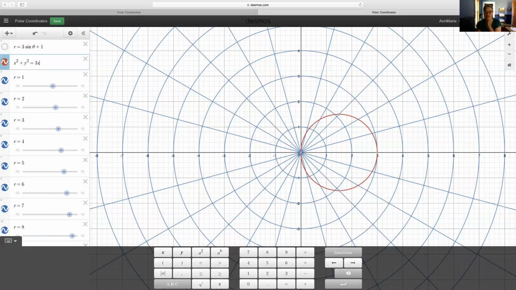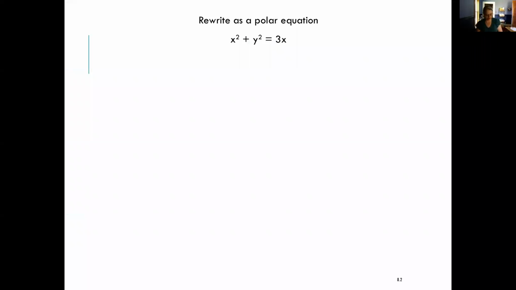But this is a circle centered at the point 1.5, 0 with a radius of 1.5. We could put that in standard form for a circle, but what I want to do instead is write this as a polar equation, in other words, in terms of r and theta.